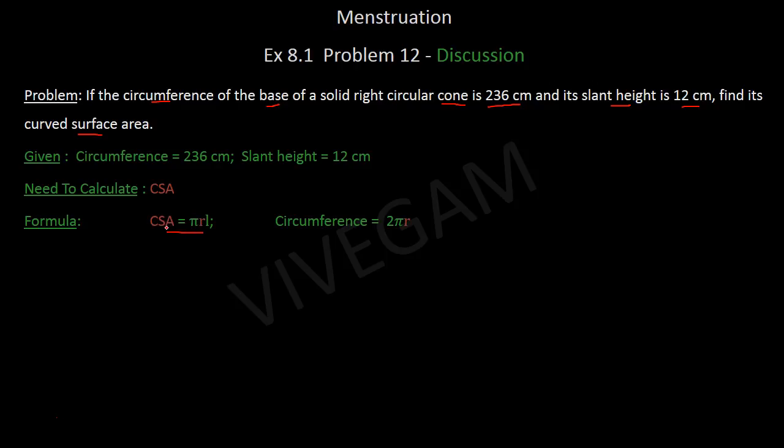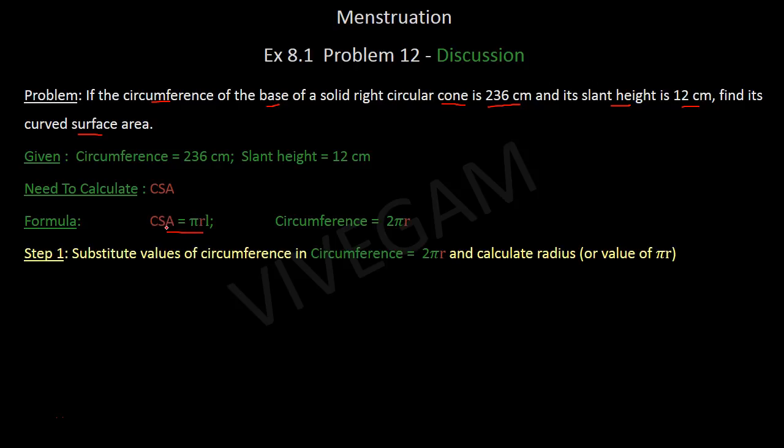Got it? So let me summarize the steps. Substitute the value of circumference in circumference equal to 2 pi r and calculate the radius. This part I will do a little later. So let's do the simpler part.